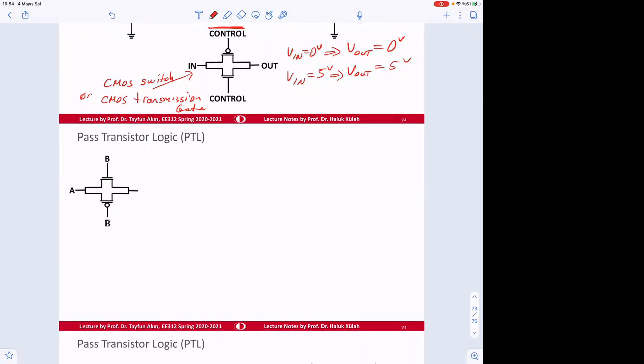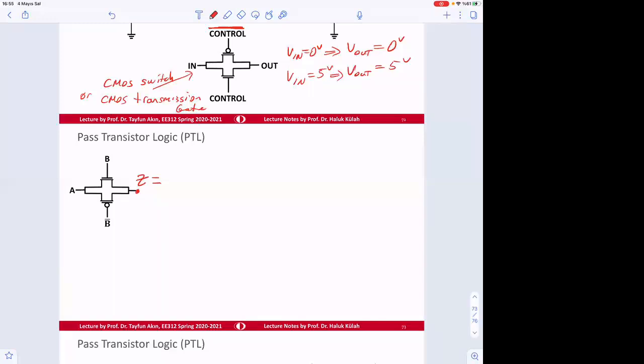So we can use this as a logic also. The output can be determined by this thing. So if this is Z, what is Z? What kind of logic is this?